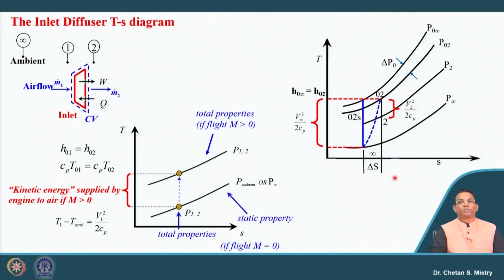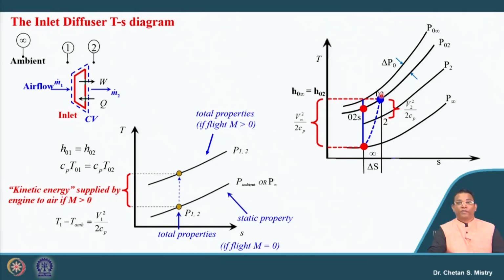Let me put this point as the infinity point, I put the isentropic process as 02S, and here I put this as 02. So this represents my ideal condition, from infinity to 02S, and from infinity to 02 represents my actual condition.